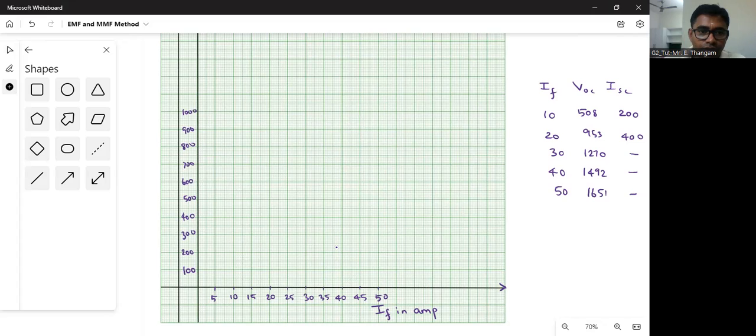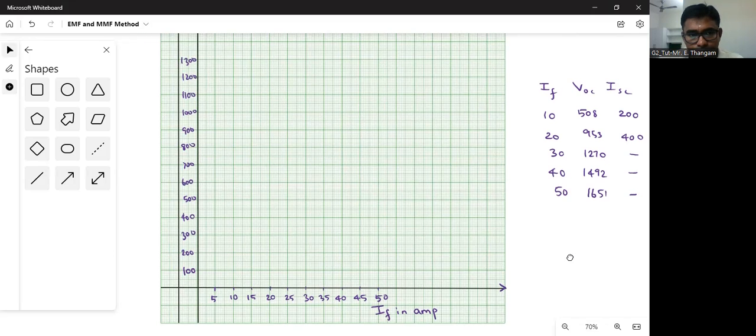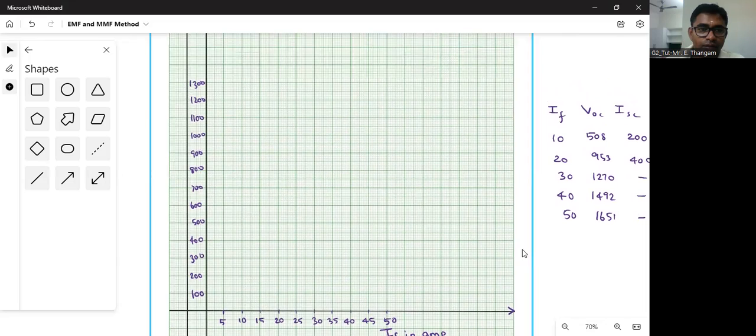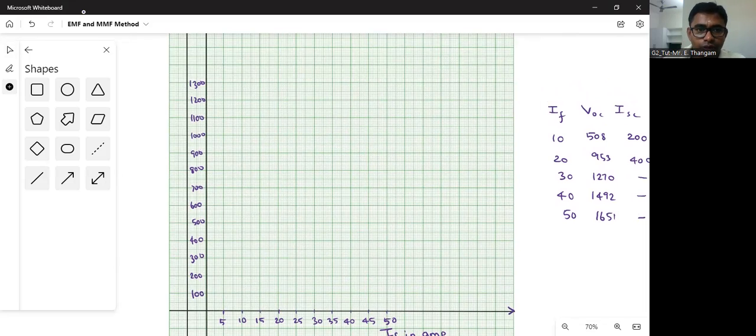1000, 1100, 1200, 1300, 1400, 1500, then the last, 1650.